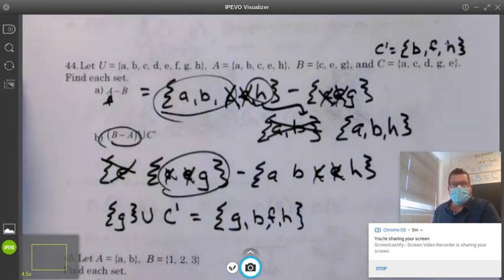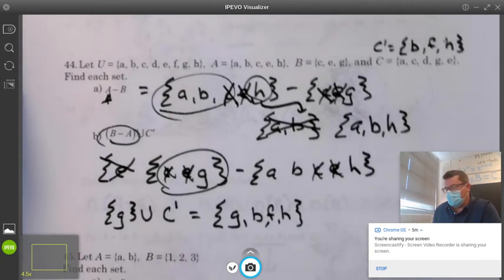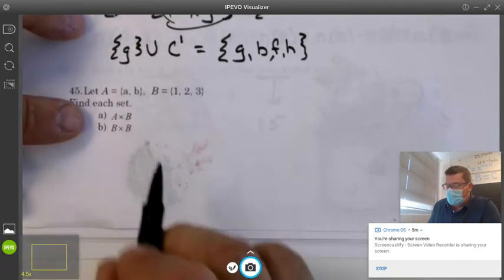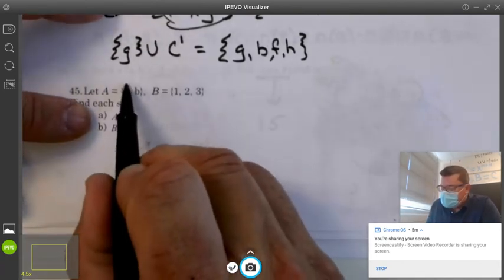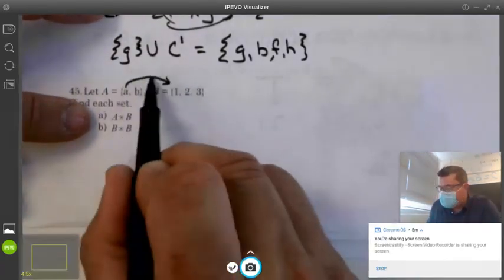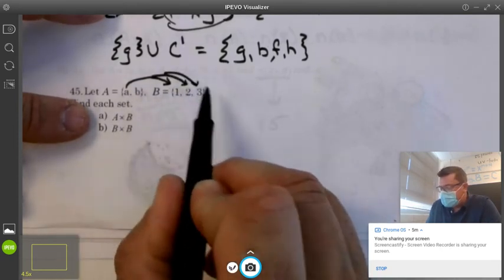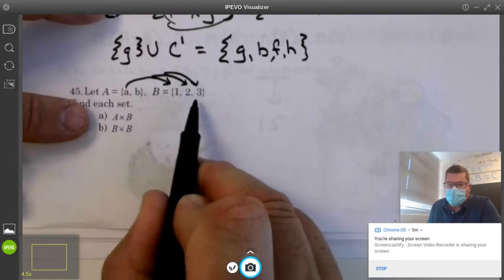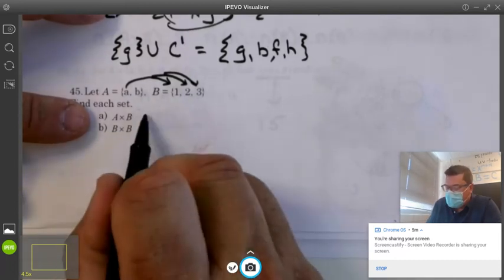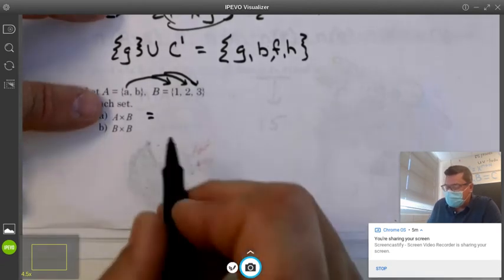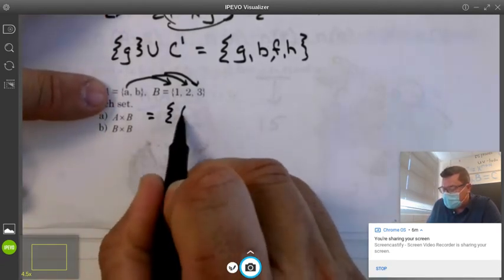How are you guys at that? Is that okay? Let's take the Cartesian or the cross product of two. Remember, the cross product of two is a combination. It's going to build a bunch of ordered pairs. So A from the first set is going to pair off with each of the elements from B. So the cross of A and B, or the Cartesian product, is the set of ordered pairs.